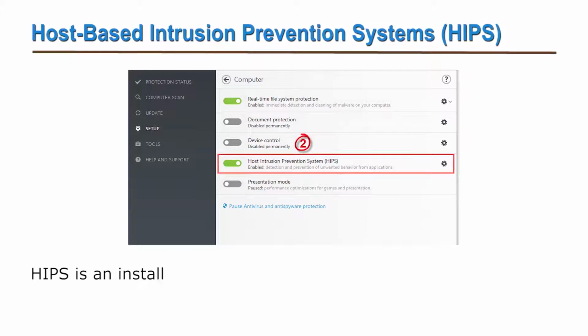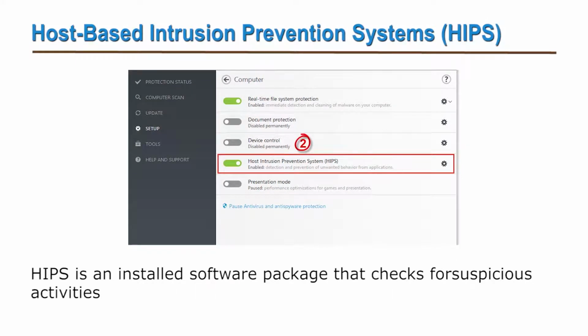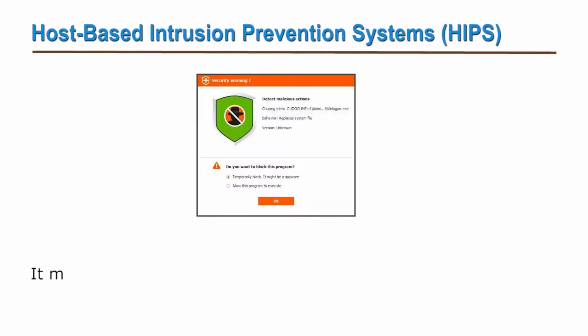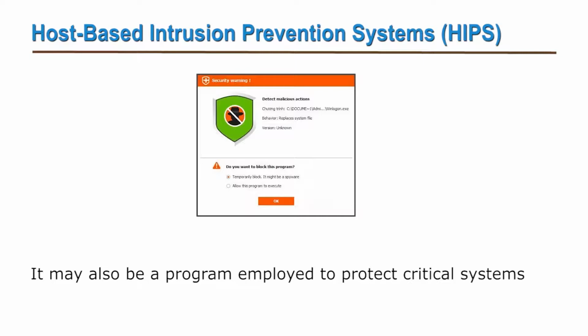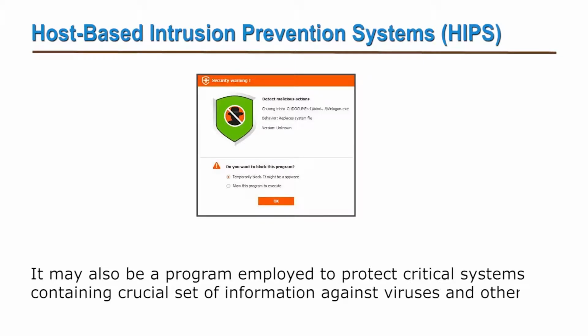A host-based intrusion prevention system is an installed software package that checks for suspicious activities that occur within a single host. It may also be a program employed to protect critical systems containing a crucial set of information against viruses and other malicious internet software.